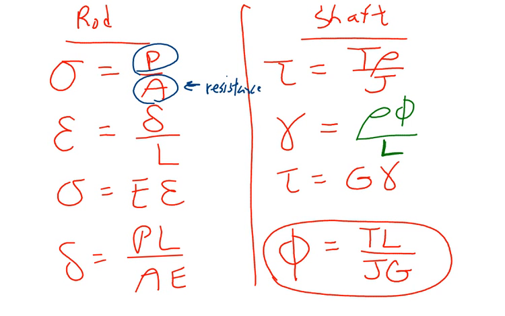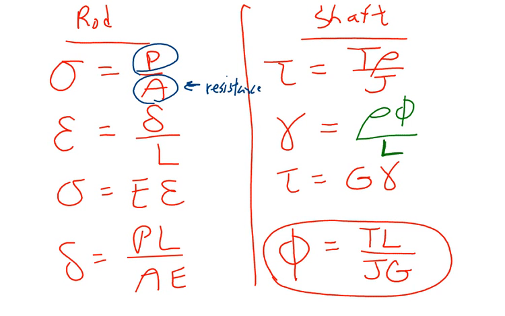So how do I resist a load? I resist a load by maintaining strength in my structure. And by maintaining strength, that means you keep your stresses as far away from that ultimate value as you can.